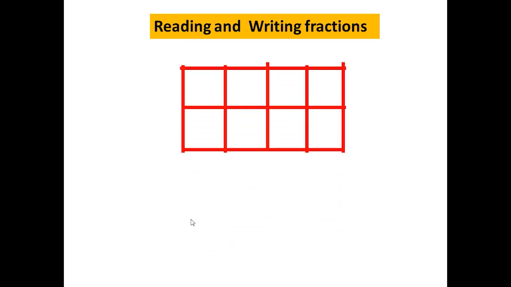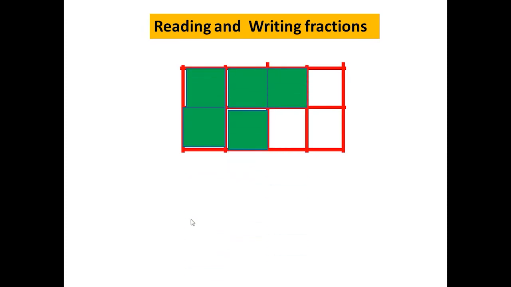Now let's see how we read and write a fraction. Look at this rectangle, which is divided into 8 equal parts and 5 parts are shaded. So, total parts are 8 and shaded parts are 5.